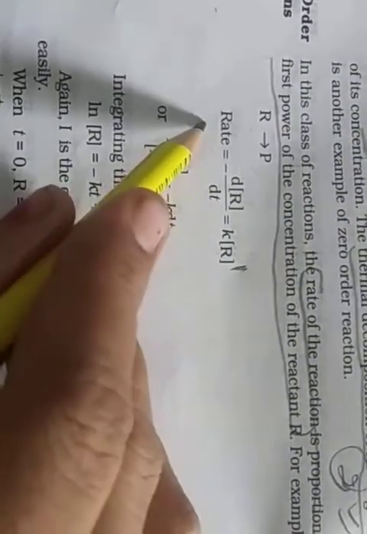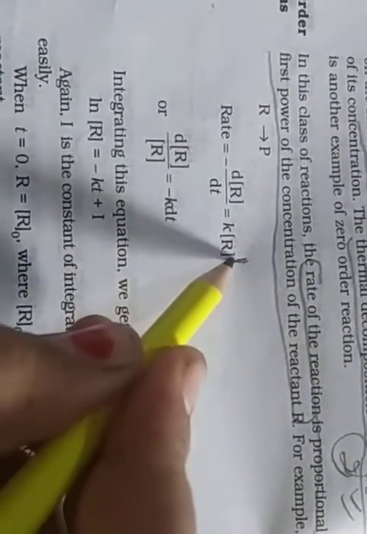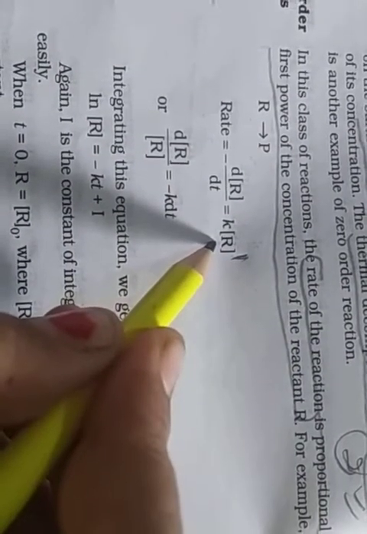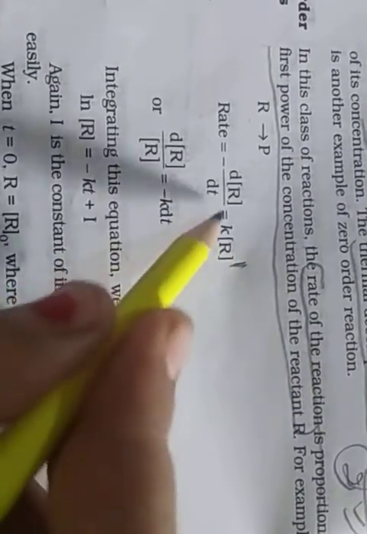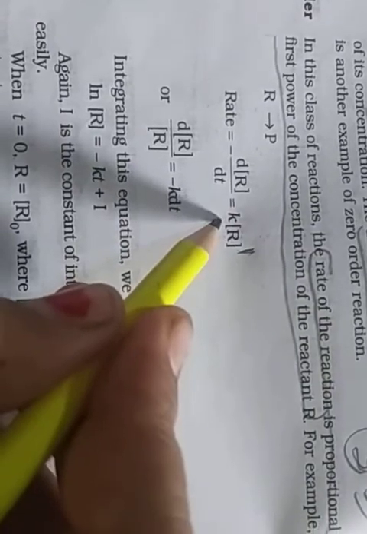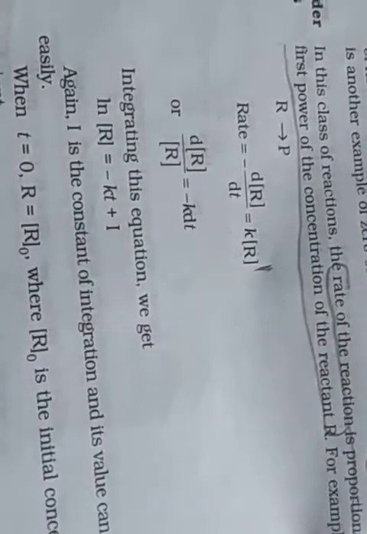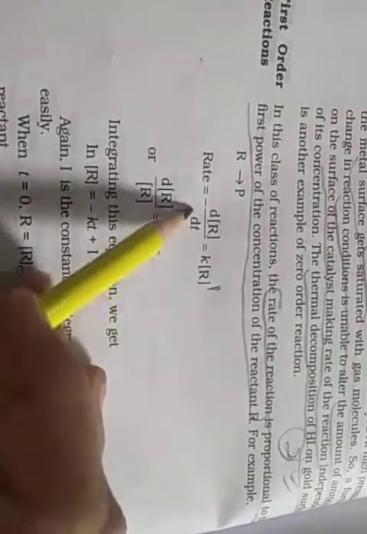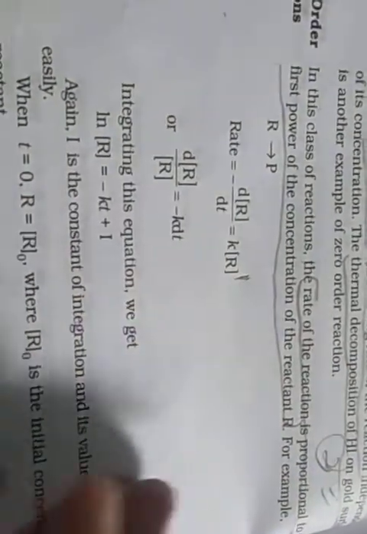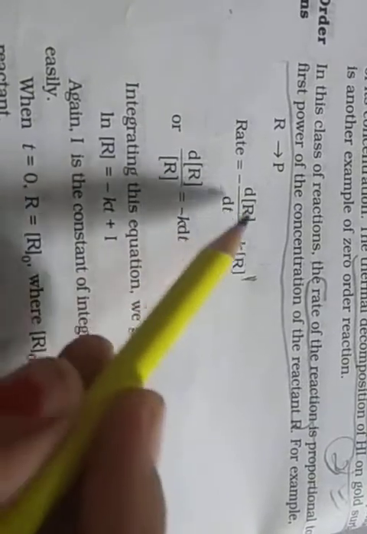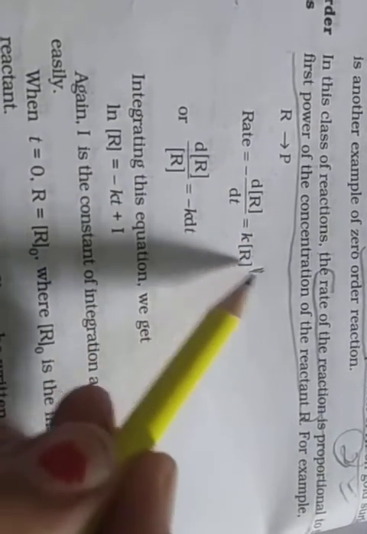The rate of reaction is proportional to the first power of the concentration of the reactant, with k the rate constant.